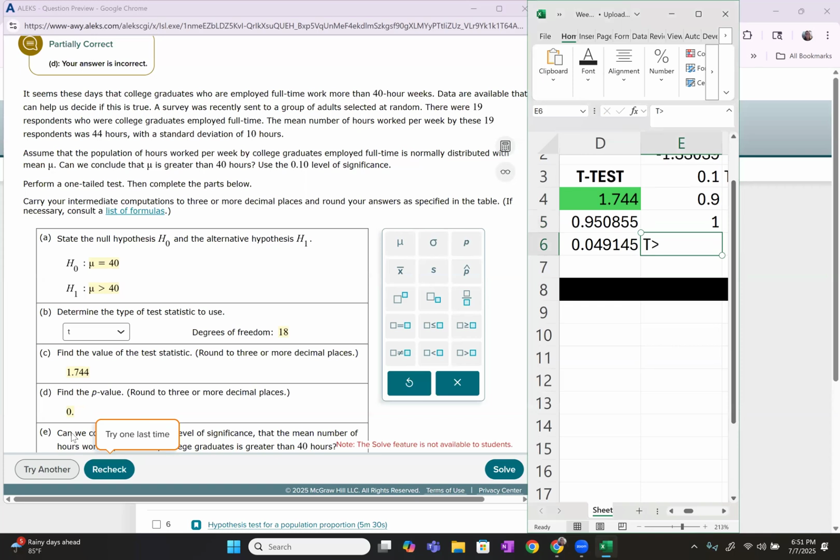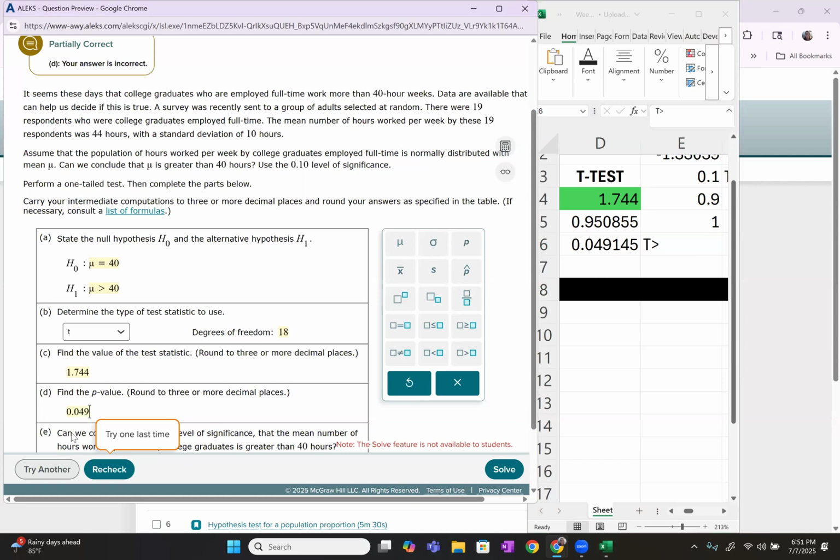Would it be the 1.330? That's a p-value. Oh, okay. You're right.